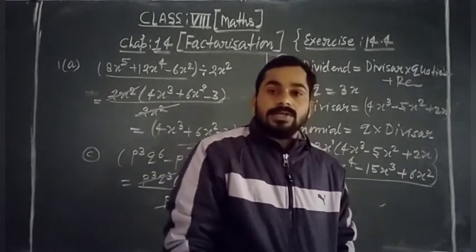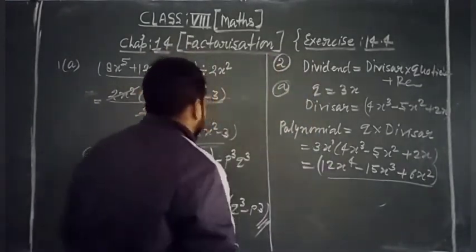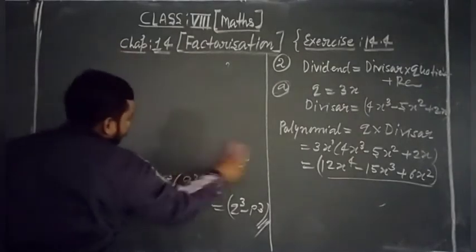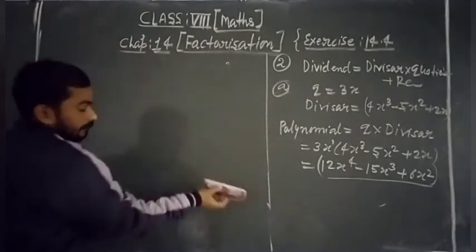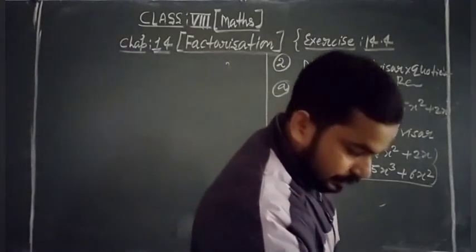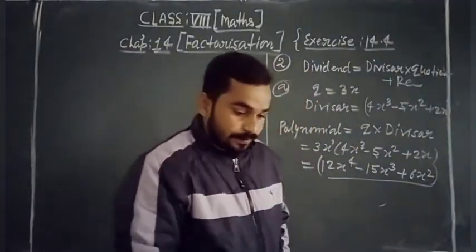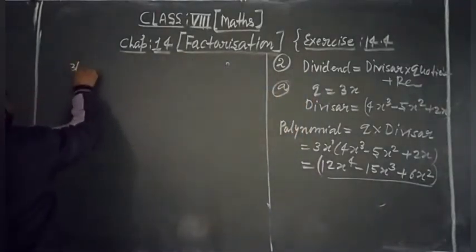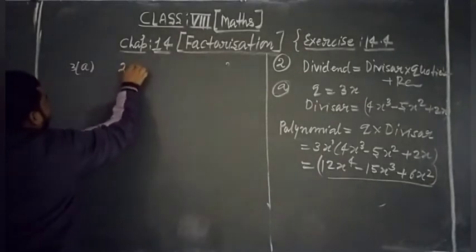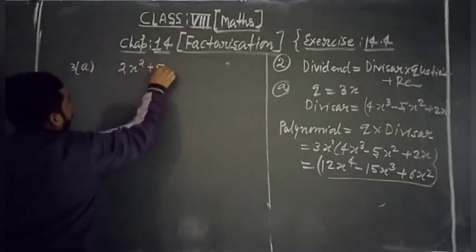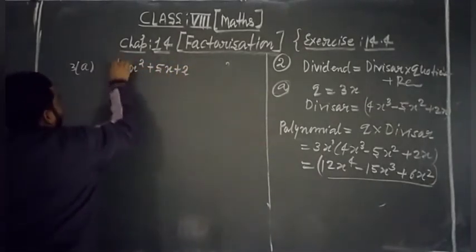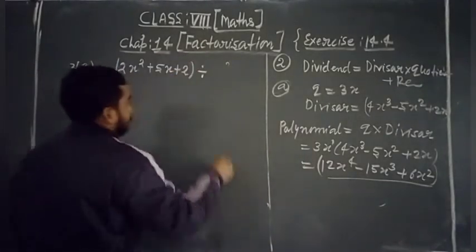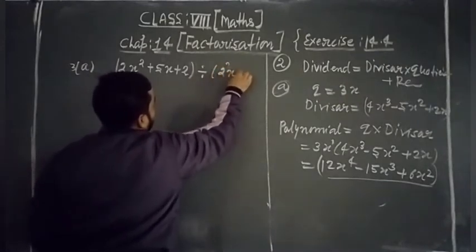Now question number 3: divide using factorization. Divide 2x square plus 5x plus 2 by 2x plus 1.